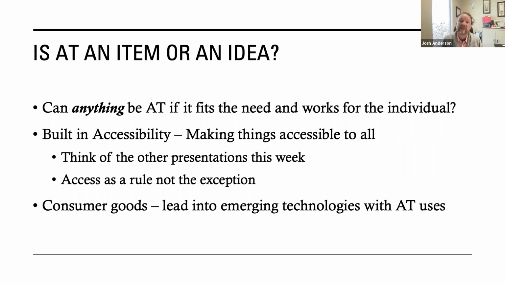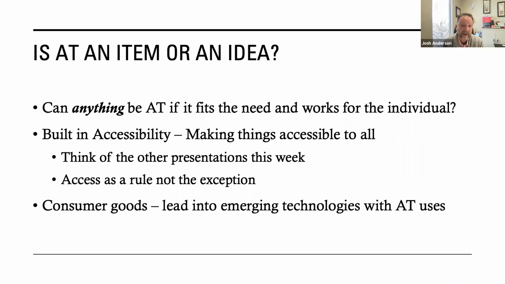I can't talk about assistive technology without talking about accessibility. And I know the people that already presented on built-in accessibility are on here, so I'm sure as heck not going to steal any of their thunder. But if we make things accessible to everyone, then we really don't even need that much assistive technology. We only need it for some folks to make sure they can access those things. But if everything's already accessible, it's such a smaller need.